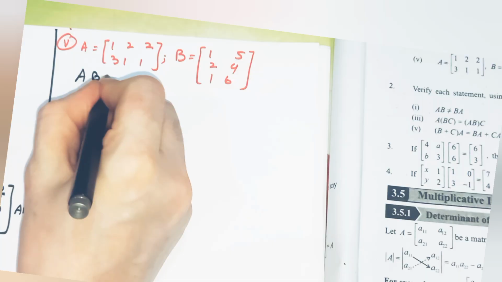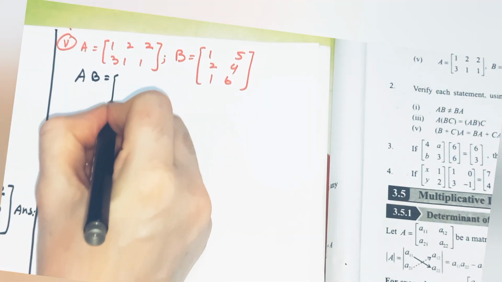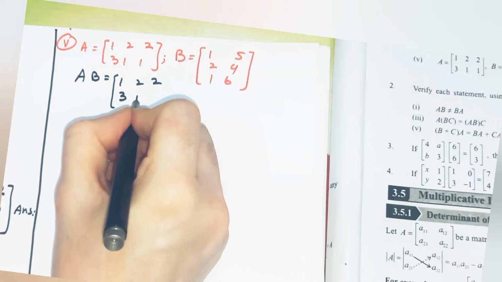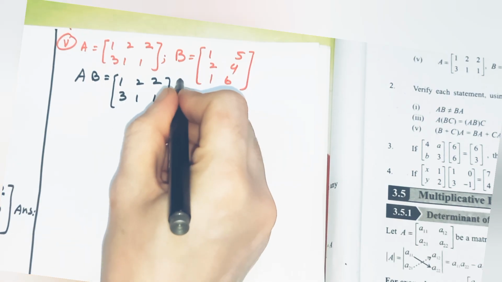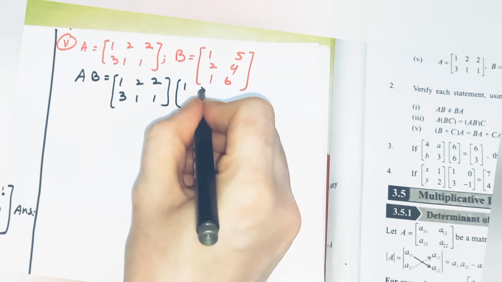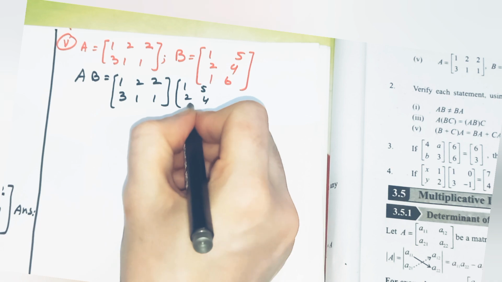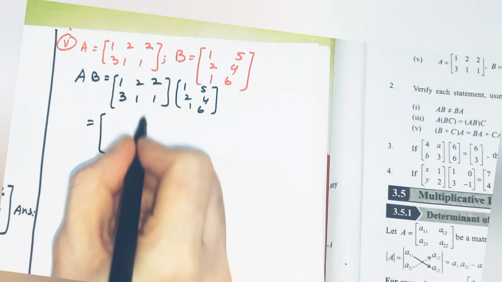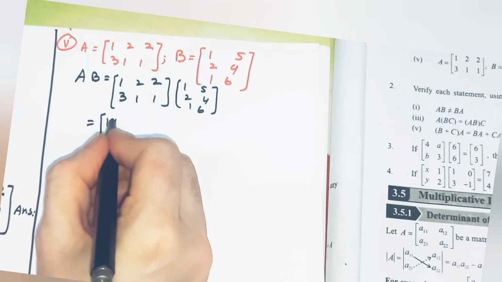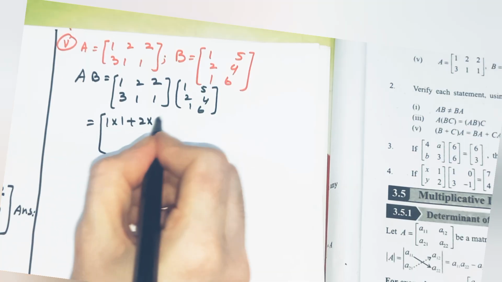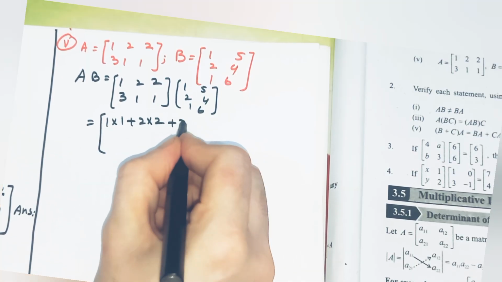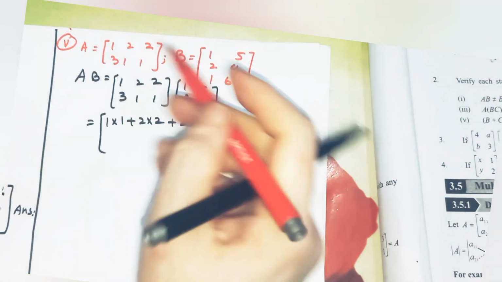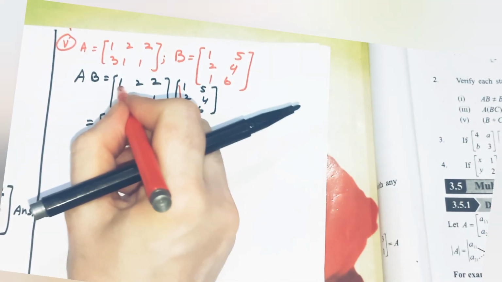Firstly, we multiply A into B. A matrix has 2 rows and 3 columns, and B matrix has 2 columns and 3 rows. So firstly we multiply rows into columns. 1 multiply 1, 2 multiply 2, 2 multiply 1. This is the first column into row.